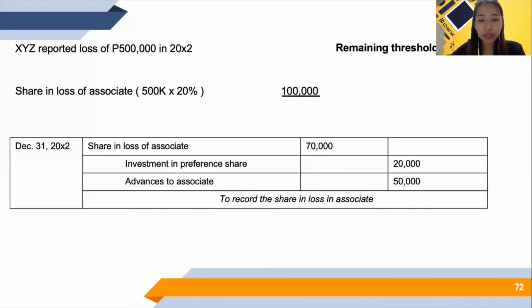So after nating gawin yung entry na yan, yung interest in the associate natin has a zero balance. So since zero na yung interest in the associate natin, dito na tayo mag-i-stop na mag-recognize ng share in loss kay associate.